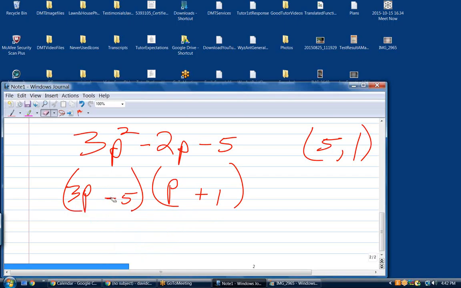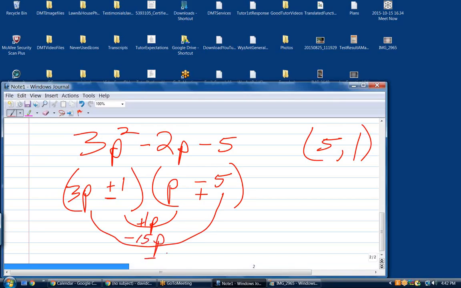Now before we leave this, I want to go back because I want to illustrate something that's quite useful. Let's say I started with a 1 there and a 5 there, which was one of my options. Now, if I check the middle term, I get plus 1p minus 15p.